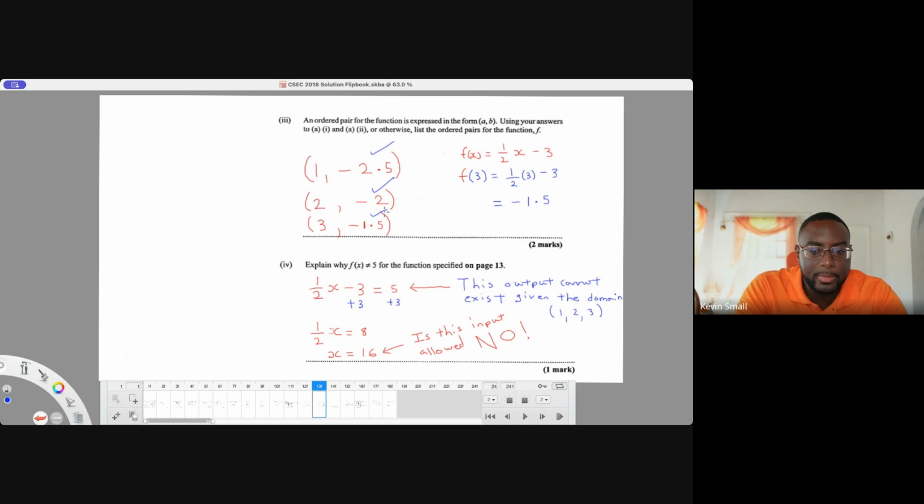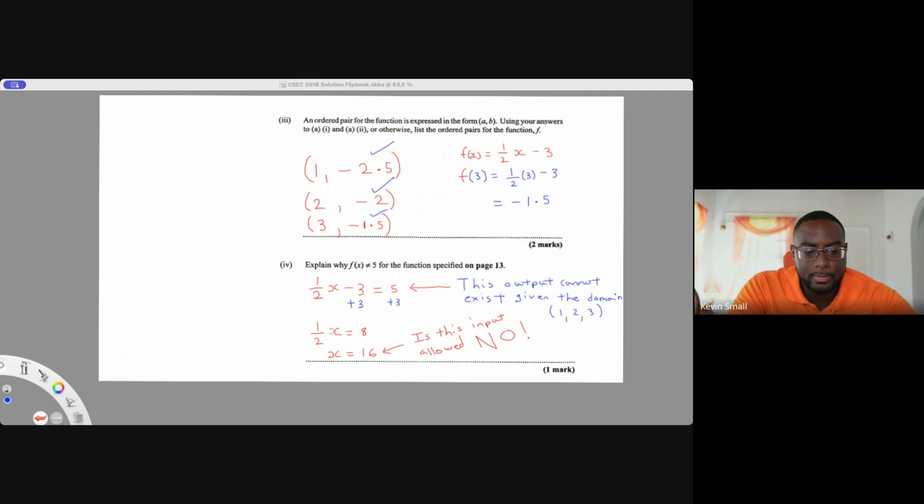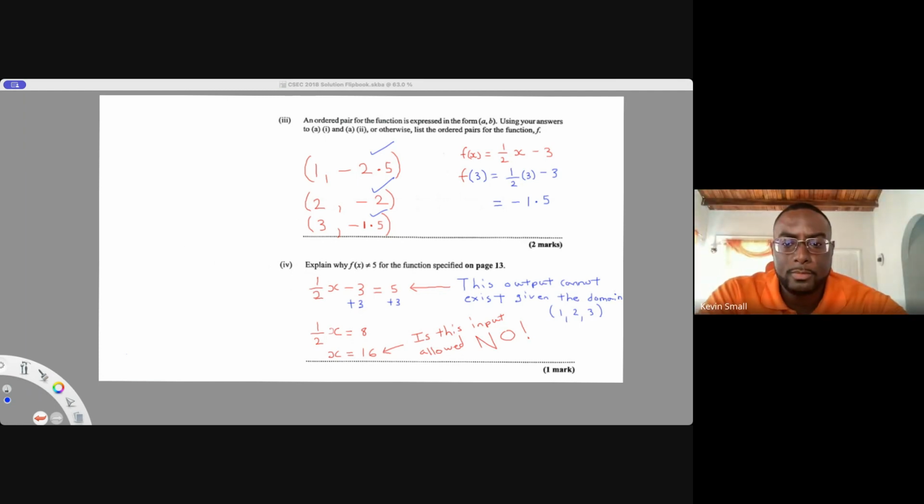So the easy way would have been to just look up and say, none of those answers match back to 5. Therefore, that output cannot exist. That would have been the easy way of doing it, okay? You understand now? Make sense now? All right. I hope so.